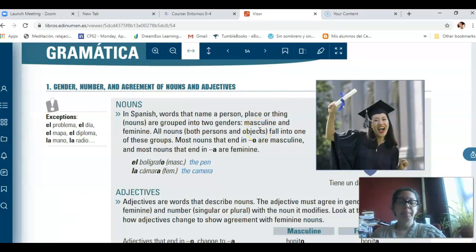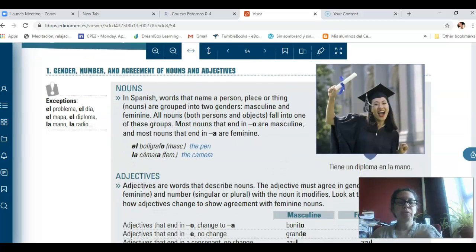And finally, we get back to the grammar. I already explained to you that if we have an O at the end, the idea is that we are dealing with a masculine noun. If we have an A, we have a feminine noun. I already explained to you that if we have to add a description of an item or a person, that description usually is an adjective, and that adjective is going to keep the agreement.